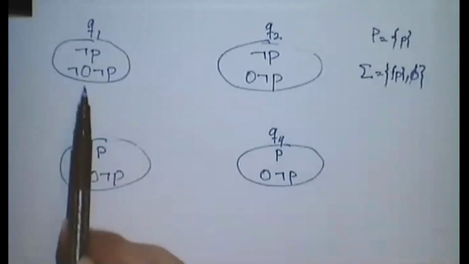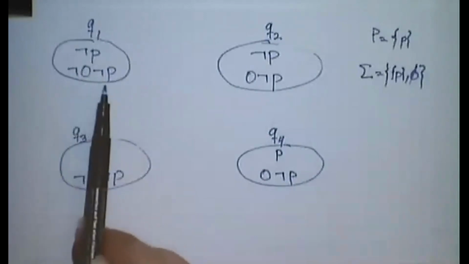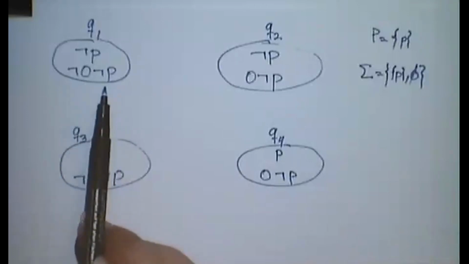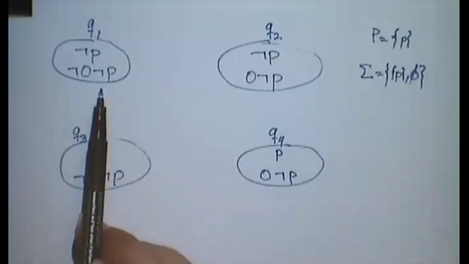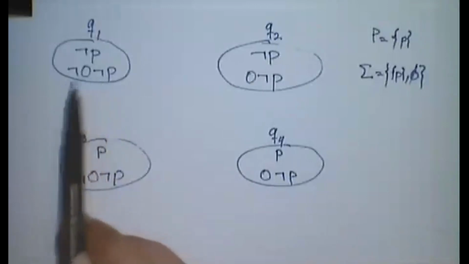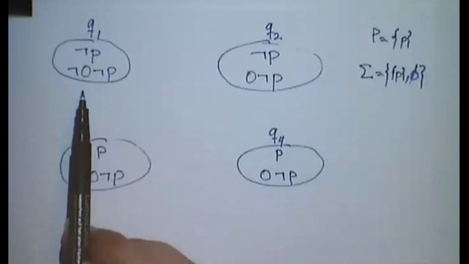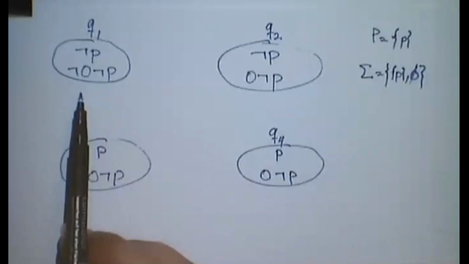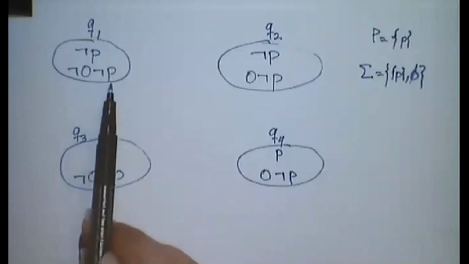But then the other thing is that we should also satisfy this one, not next not P. What does not next not P mean? What should I have in my next step? I should not have not P in my next step. So I should have P in my next step.